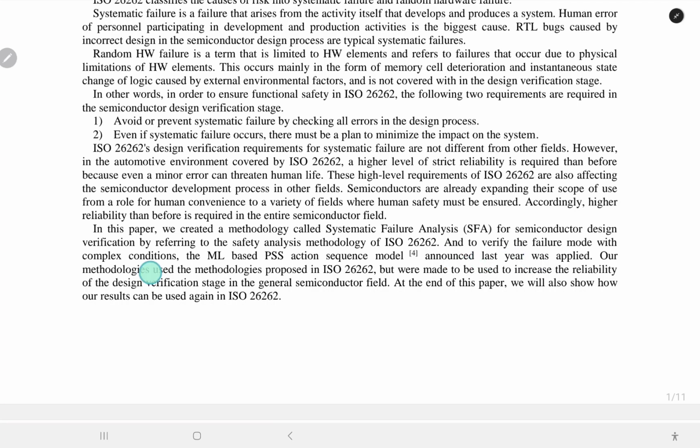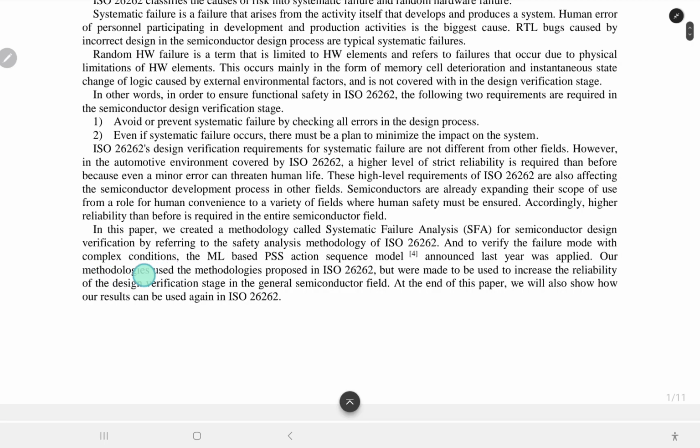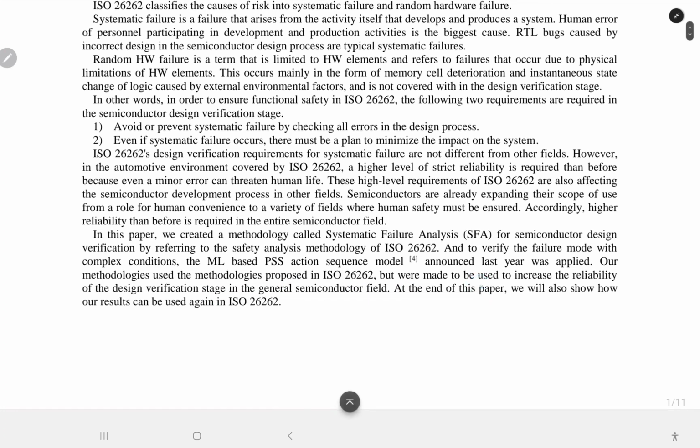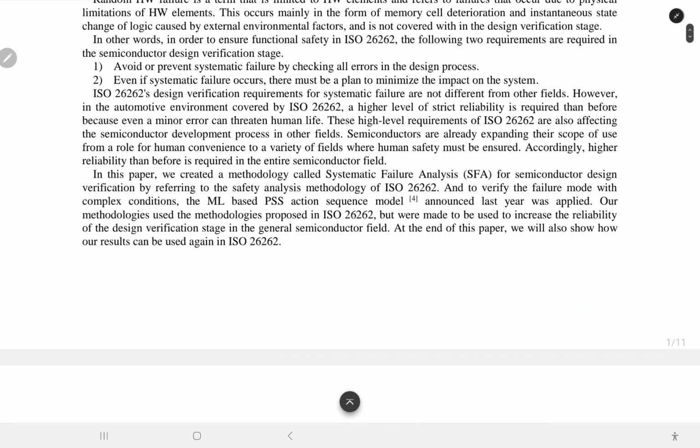Our methodology used the methodologies proposed in ISO 26262, but was made to be used to increase the reliability of the design verification stage in the general semiconductor field. At the end of this paper, we will also show how our result can be used again in ISO 26262.